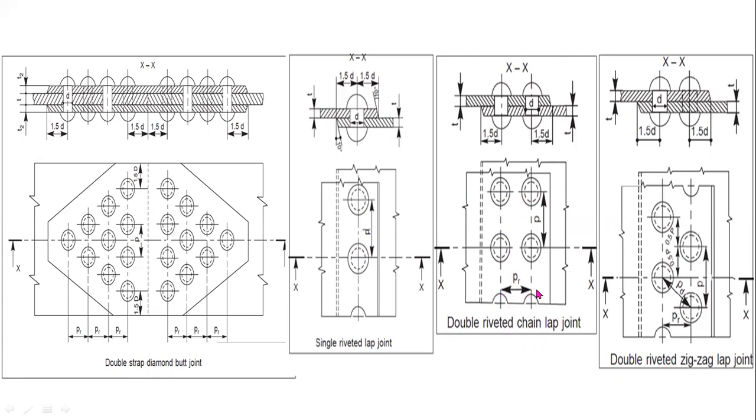The distance between two successive rows is called row pitch or back pitch, and the distance between two successive centers of the rivets is called pitch. Here the distance between two centers of the rivets in successive rows is called diagonal pitch. Here the distance from here to here is pitch.